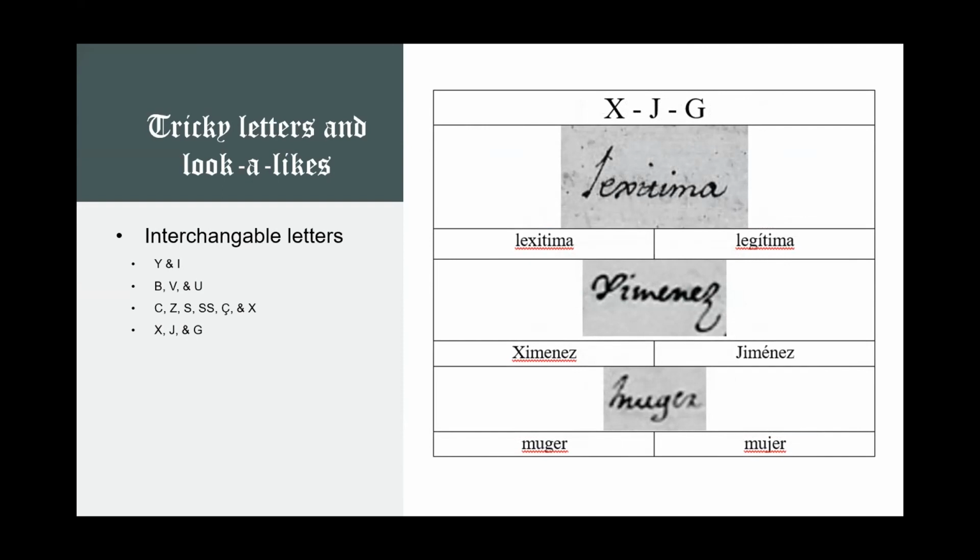So for example, the top one we have legítima, or legal, so with an X, and then we have Jimenez, spelled with an X instead of a J, and then mujer, spelled with a G instead of a J. Also, part of the reason why X is included there is because now in Spanish, it's pronounced as KS.